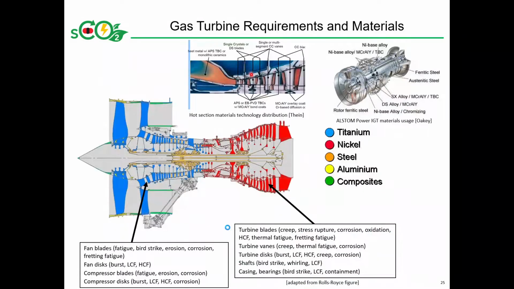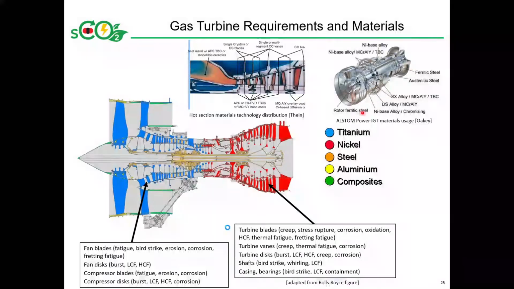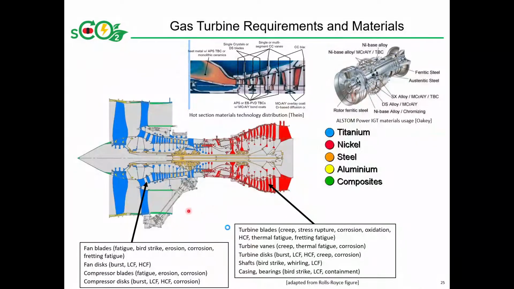In terms of gas turbine requirements and materials, to some degree they depend on whether you're talking about an aero engine or an aeroderivative engine for industrial applications, or a frame type engine. In the aero engines and the aeroderivative engines, you're going to have more lightweight, perhaps more exotic materials making up the gas turbine and its various components.